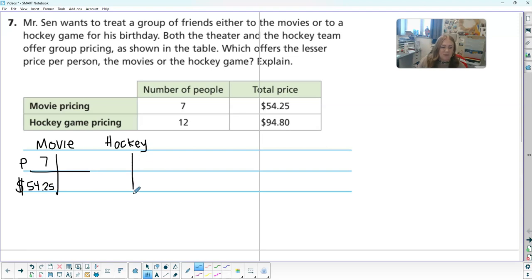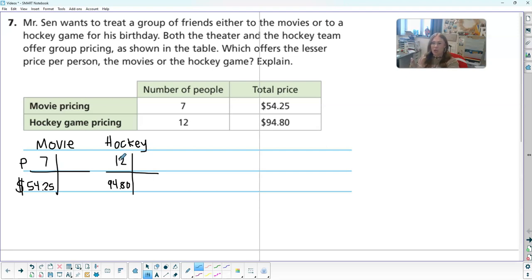And then if I go to the hockey game, for 12 people, it is going to cost $94.80. So just because this one is cheaper doesn't mean right off the bat it's a better price, right?